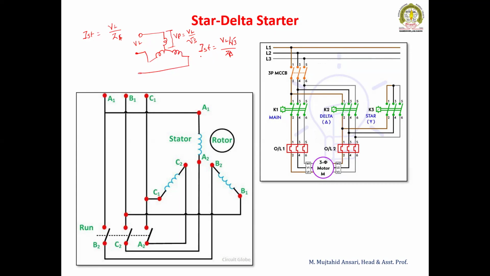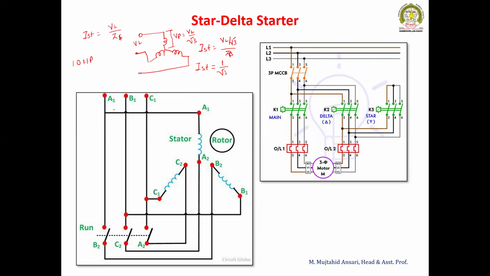The meaning is that the starting current can be reduced, as compared to the DOL starter, by 1 upon √3. So that decrease in starting current for motors of more than 10 HP can be obtained by the star delta starter. So the star delta starter is more common everywhere. Here the motor is started in star condition.